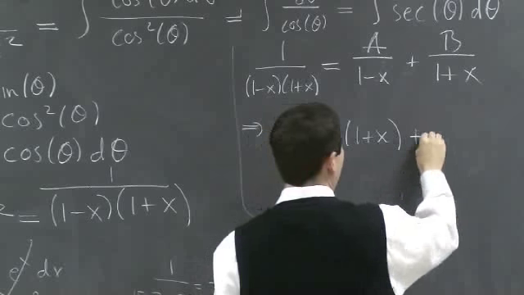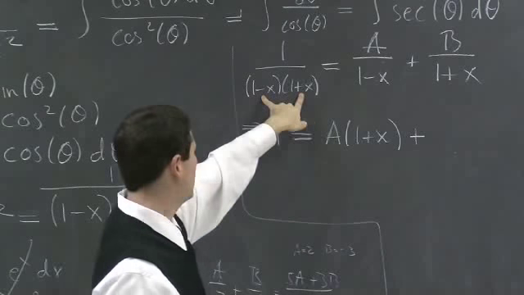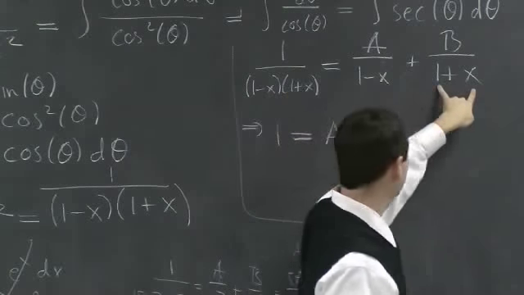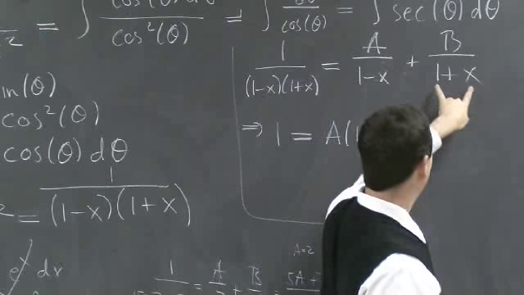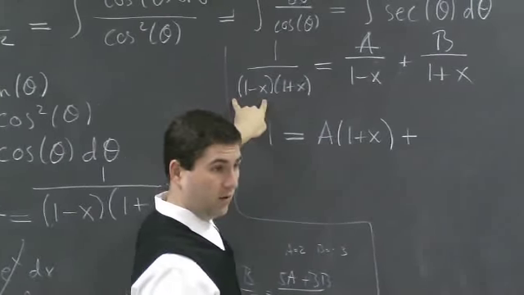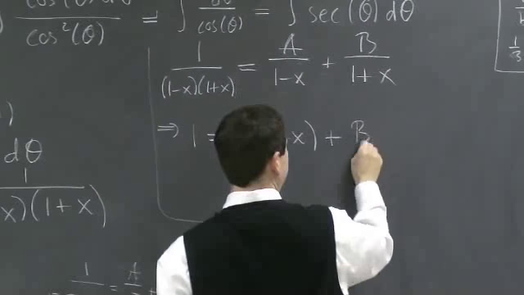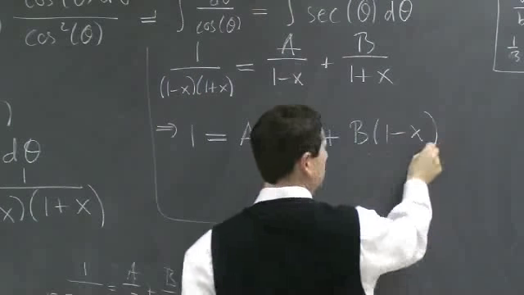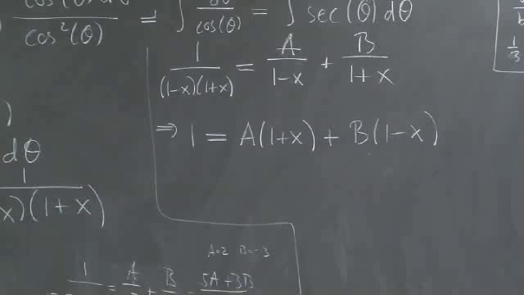Okay, and then when I multiply this denominator here by the right term, the 1 plus x's will cancel, and I'll be left with a 1 minus x times the B. Okay, that looks a lot simpler.